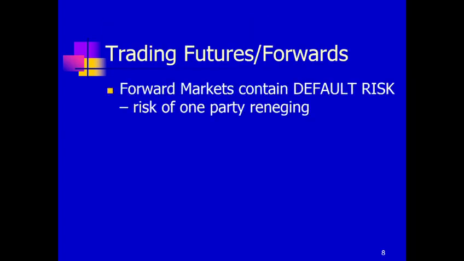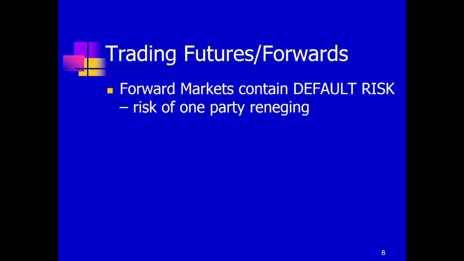Okay. So when we focus a little bit more on the differences between futures and forward contracts, then of course there is a little bit more difference than just whether one is traded in an exchange and one is not. So with forward markets, another difference is that you have what's called default risk.